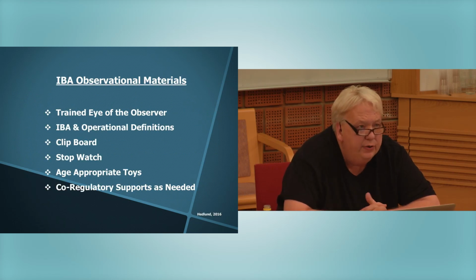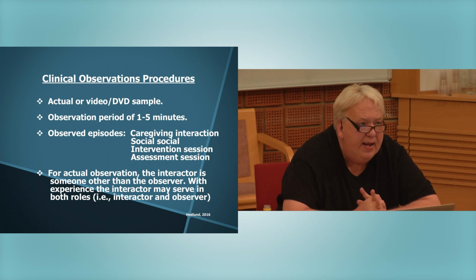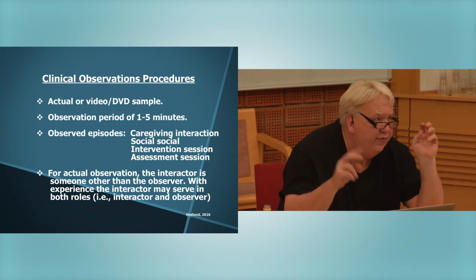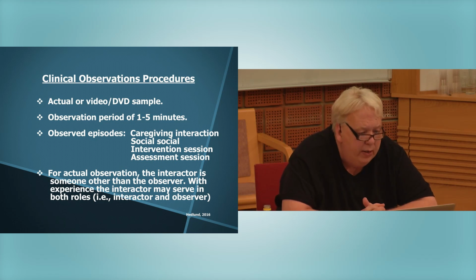Observational materials needed to conduct assessment: the trained eye of the observer, IBA and operational definitions, a clipboard, a stopwatch, age-appropriate toys, and co-regulatory supports as needed. The observation can be an actual real-time observation with the baby, or it can be scored off a video or DVD sample.